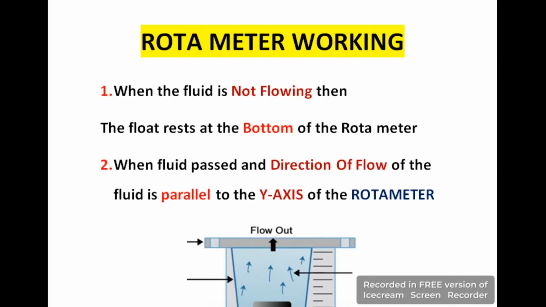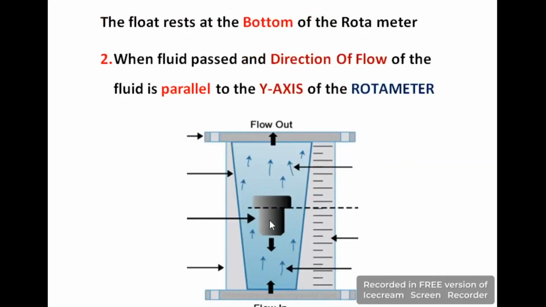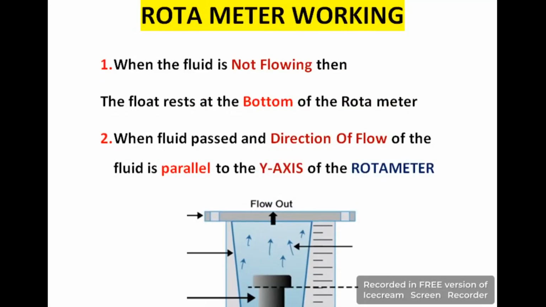According to the first point, when the fluid is not flowing in the pipeline, then the float rests at the bottom of the rotameter. It means that the float stays at the bottom when fluid is not flowing in the pipeline.